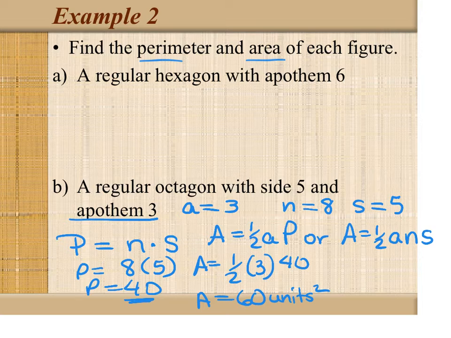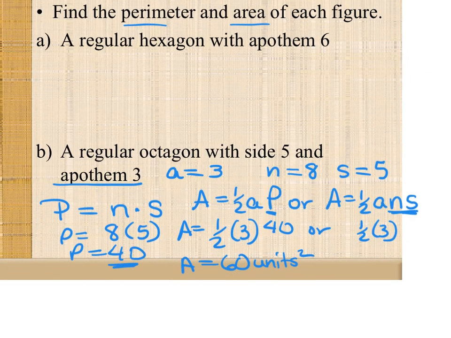Notice this NS? That's what P is. It's just another way to write the formula. So if I do it this way, my apothem is 3, my number of sides is 8, and my side length is 5.